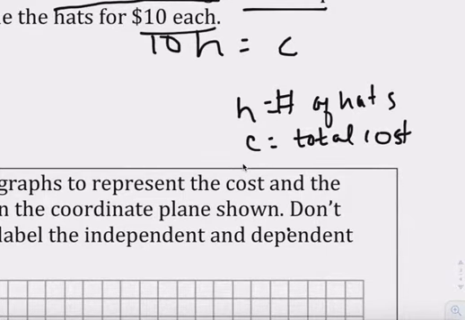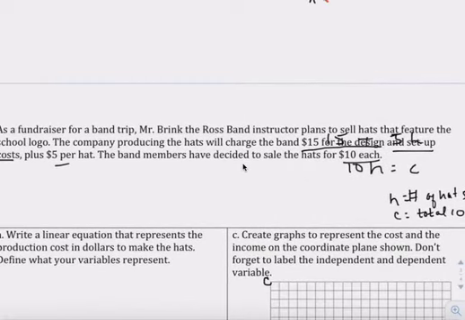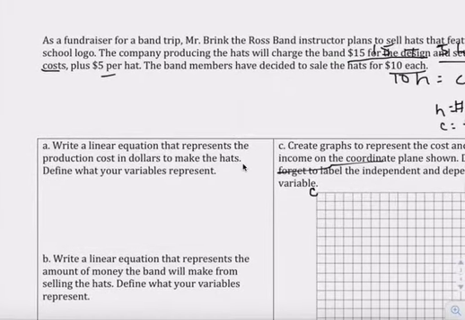And then so your equation, I'll write a linear equation representing the production cost to make the hat.